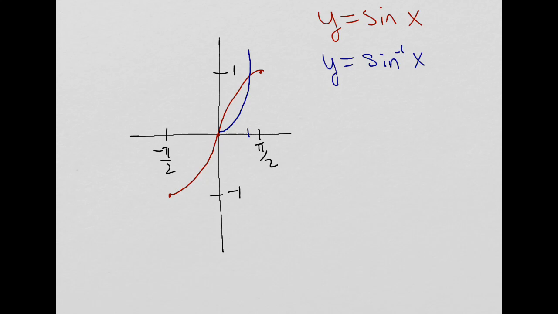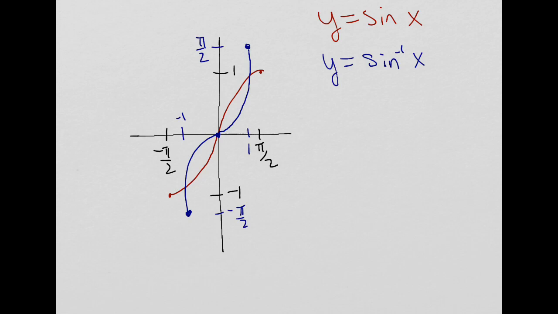Now I'm looking for an input of 1 and an output of pi over 2. And similarly, for an input of negative 1 and an output of negative pi over 2, I'm going to get a graph that looks something like that. And again, as usual, my art skills are not quite up to par, so check your text for a little bit more of a detailed drawing.